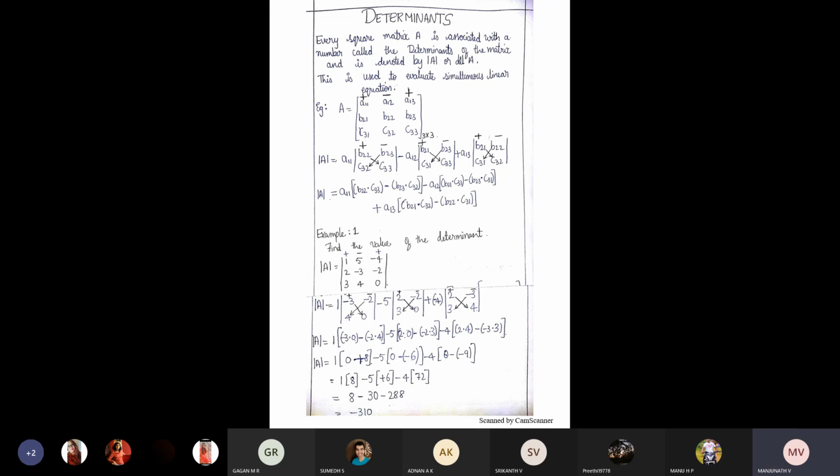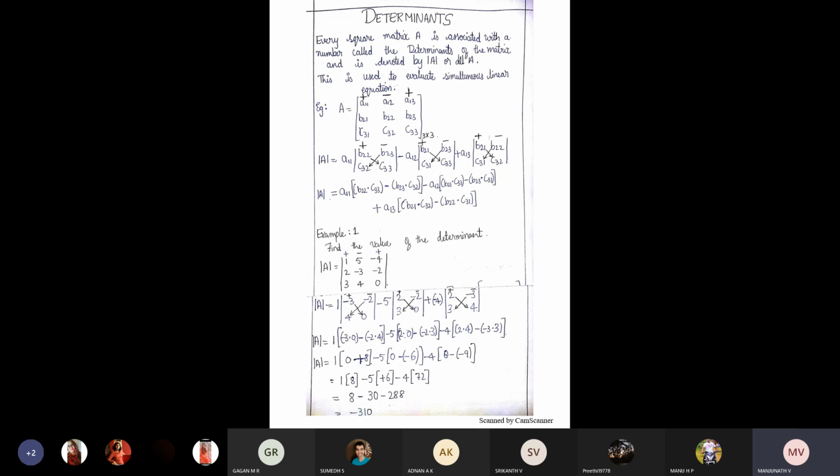Now after that, on the top of each and every 2 cross 2 determinant, you write plus, minus, plus, minus, plus, minus. Left is plus, right is minus. Here, on the top left plus, next it is minus, plus, minus, plus, minus. Understood?